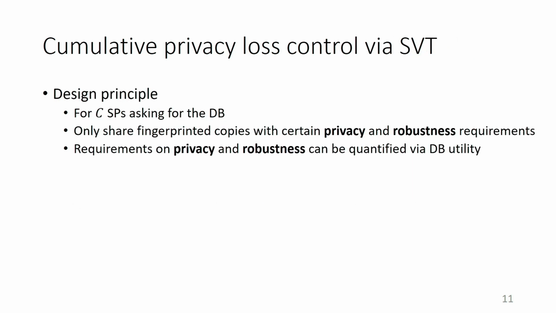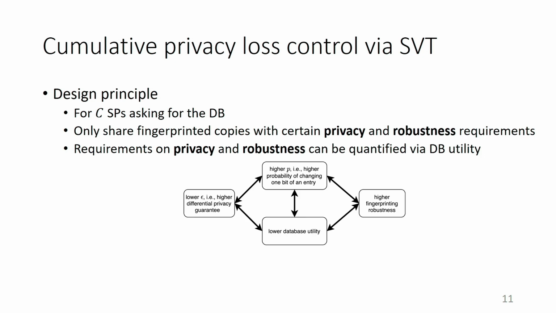And this is the design principle of using SVT to address the cumulative privacy loss. Suppose we want to share the database with capital C different service providers, and our idea is to only share those fingerprinted copies with certain security, privacy, and robustness requirements. Recall we have a figure building the connection between different components: utility, robustness, and privacy. So this requirement on privacy and robustness can already be quantified using the database utility. This is the figure I'm talking about.